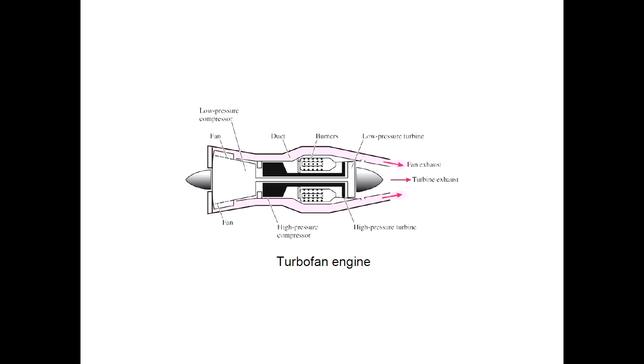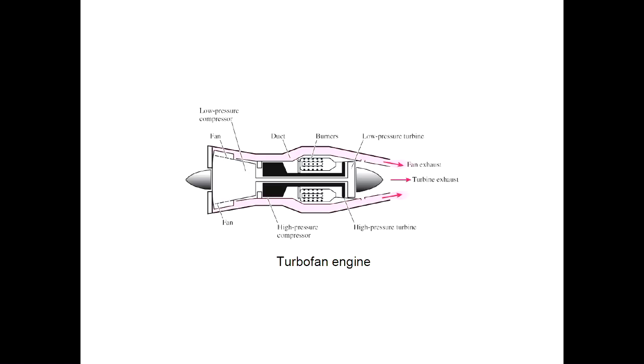So this is the amount of air in the duct versus the amount of air in the combustor. That's a parameter that you can adjust or design when you design the aircraft. And depending on the application, you can use different bypass ratios for different applications.